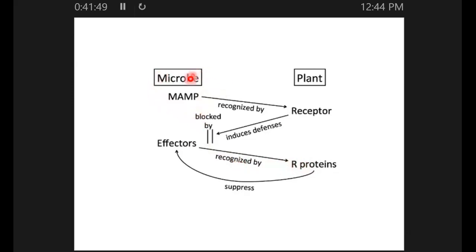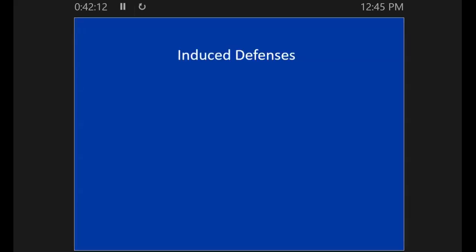Here you have the MAMPs, recognized by typically a cell membrane receptor. They're showing how the MAMPs and effectors are coming from the microbes, right? And then we have the PRR receptors, the R proteins. Okay, so different strategies, complicated immune system, which is a good thing.